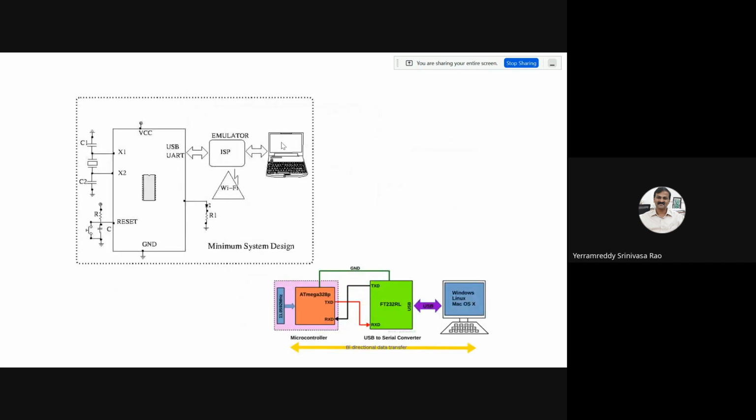We type the program on the computer, but we don't execute it on the computer. We design our own system, which has our own CPU, our own inputs, our own outputs, our own sensors, and we transfer the program from the computer to that specific target device, and we test it. Where? On the device, physically, on a robot, on an IoT product. So this is called an application specific system or minimum system.